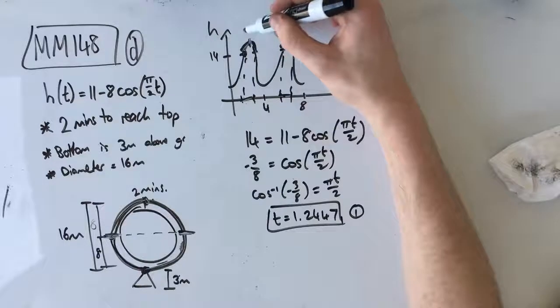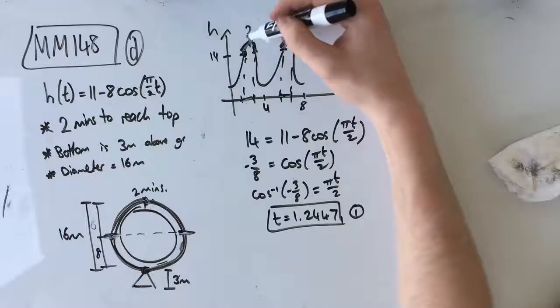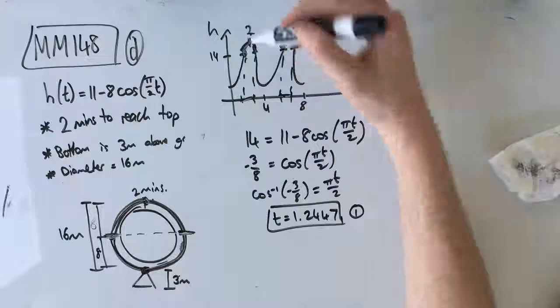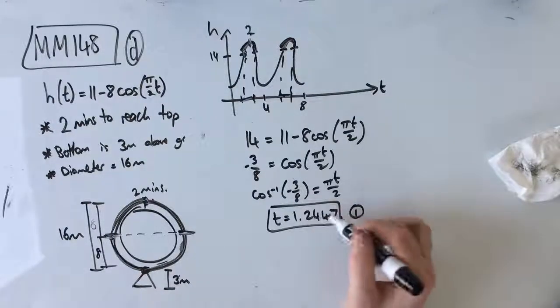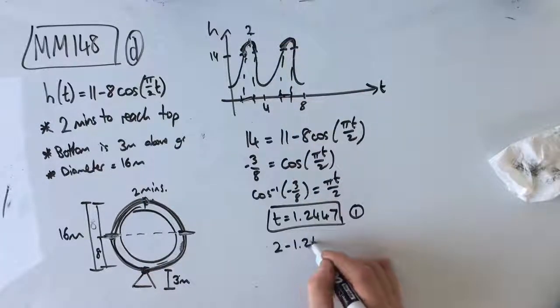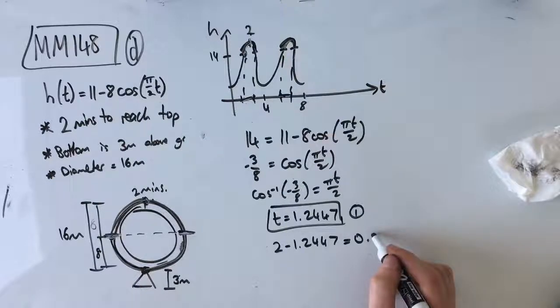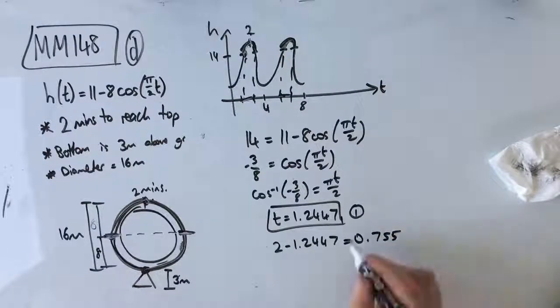Our maximum occurs at 2, all right, which means that our distance from our maximum to this point is 2 minus 1.2447. So from here is equal to 2 minus 1.2447, which is equal to 0.755. Cool.